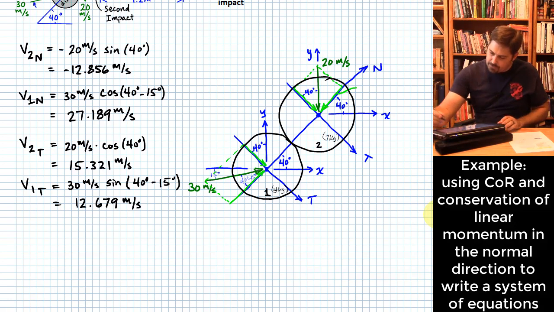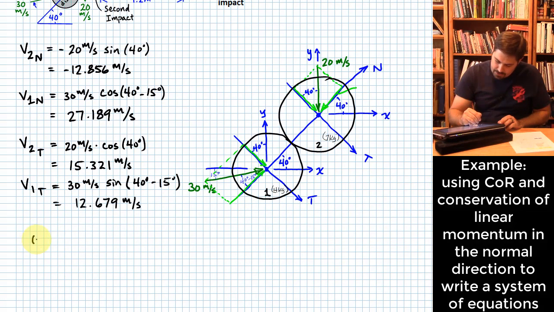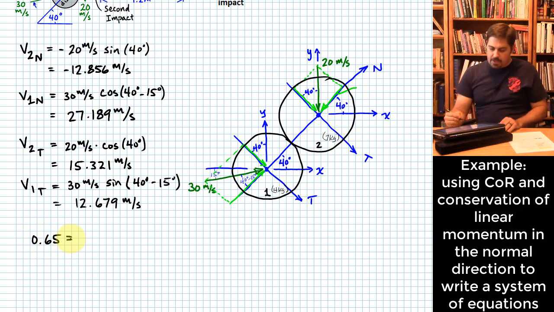First of all, coefficient of restitution, which is given up here as being 0.65, is equal to, we need to think about the idea that this first disk has a higher velocity along that normal direction, right?